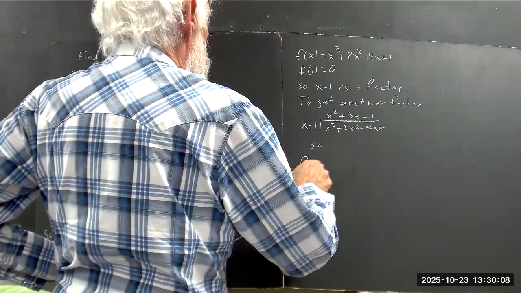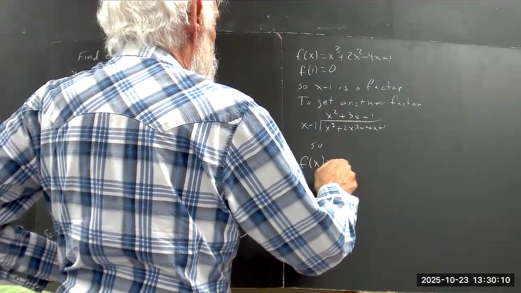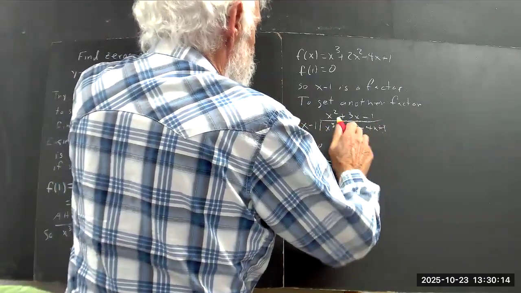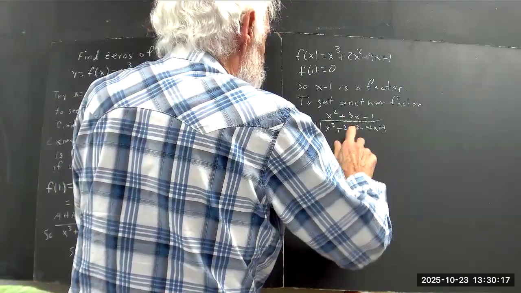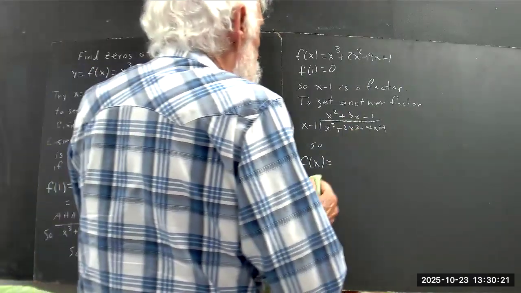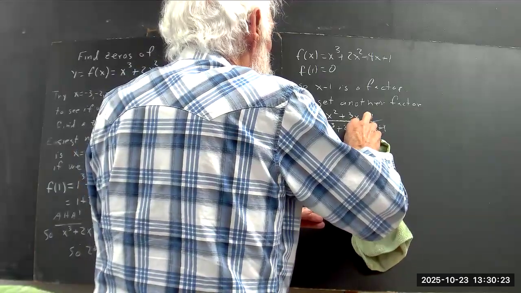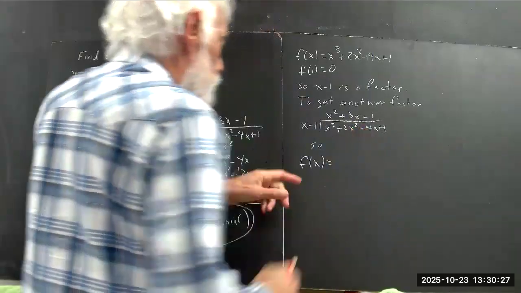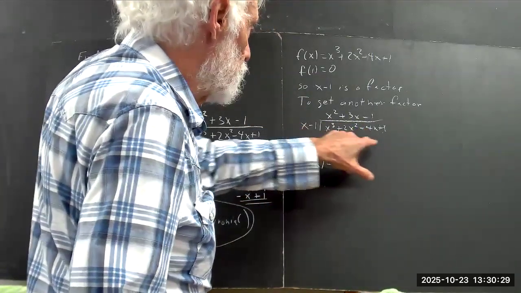So f of x equals this. I've got a glitch on the board there. I've got to fix that. Okay, again, here's our f of x function.